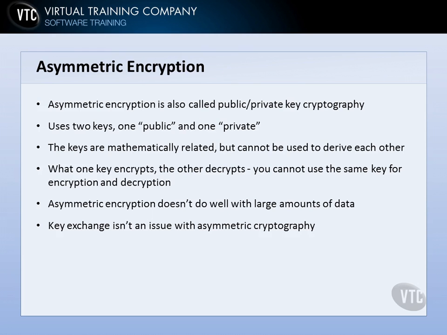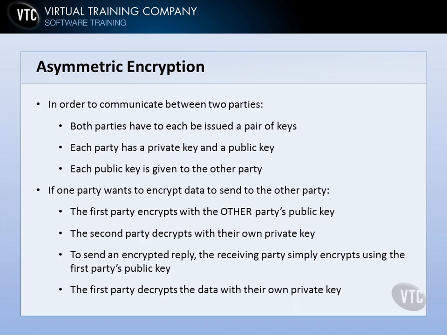It doesn't have to be, because you're using the public key of someone to encrypt data that only they can decrypt using the private key. So you don't have to worry about getting them a secret key. The key they're going to use is public. Everybody has it. Now, in order to communicate between two parties using asymmetric encryption, first of all, both parties have to be issued a pair of keys.